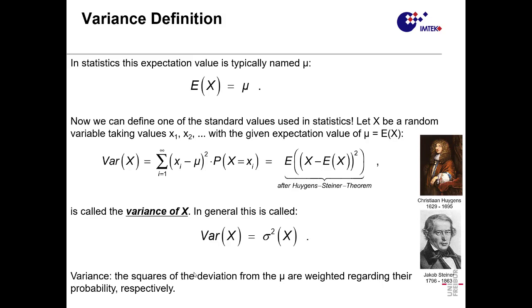That's the expected value. But of course, not all the values will be exactly that number, because it's expected, but does not have to be the actual value. They will fluctuate around this number, and you want to measure that fluctuation: how much these values change around this average.